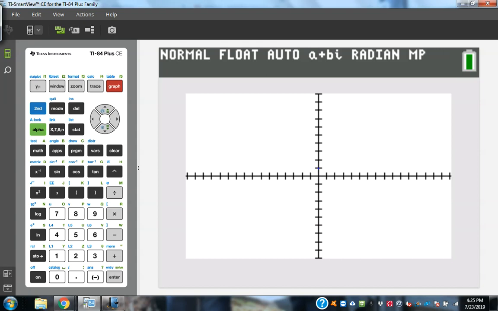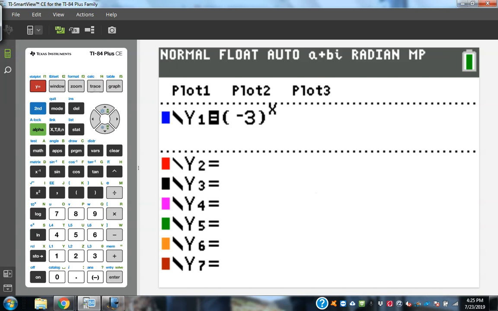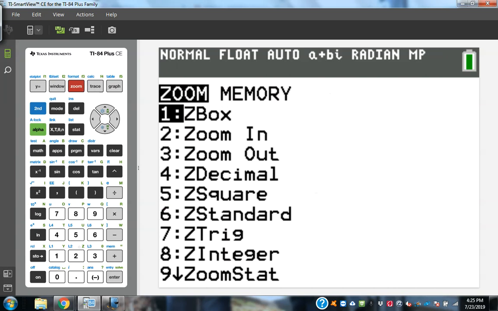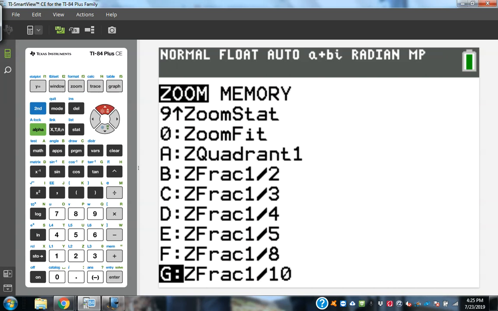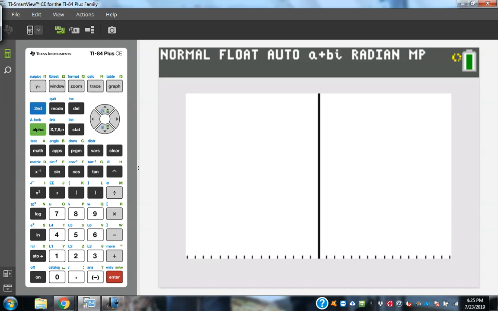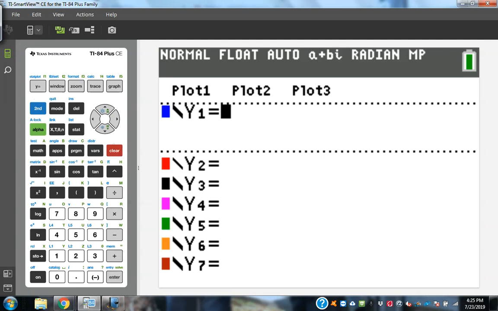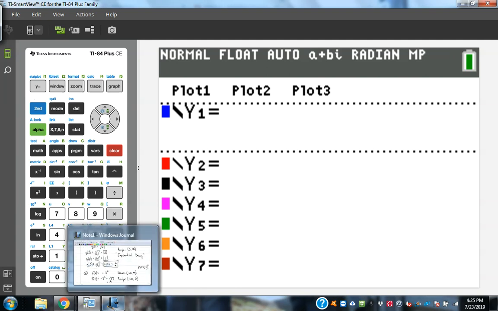All right, let's see, zoom fit. There's a little blue speck up there. This is way zoomed out. Okay, they're not going to do this to you. They're not going to put those negatives inside the parentheses there. It's a completely different situation happening when you have a negative base.